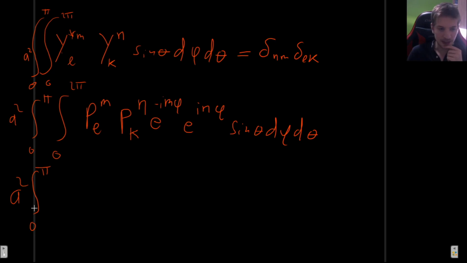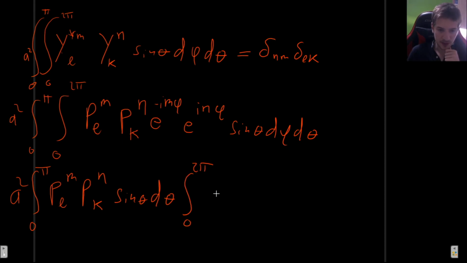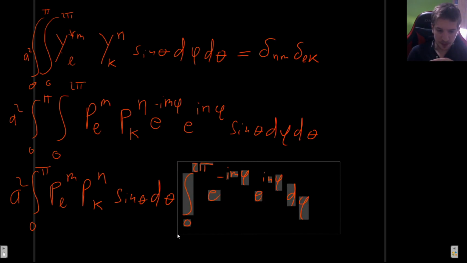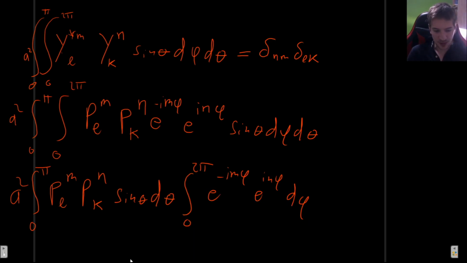So the theta equation will be the integral of P_LM P_KN sine theta d theta, times the integral from 0 to 2 pi of e to the minus i m phi e to the i n phi d phi. Okay, so let's do this step by step. Let's begin with this equation right here.